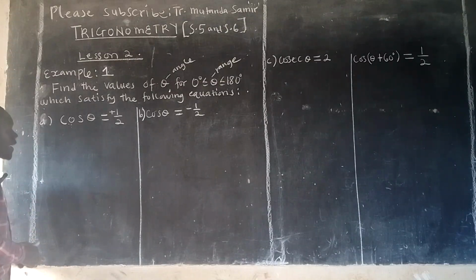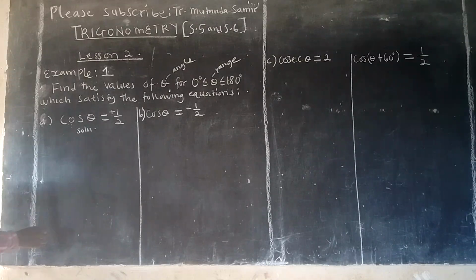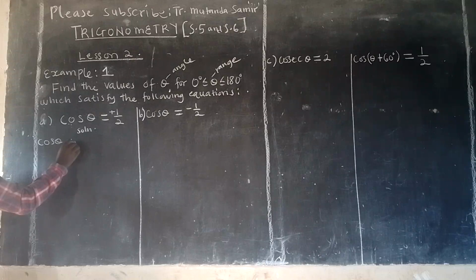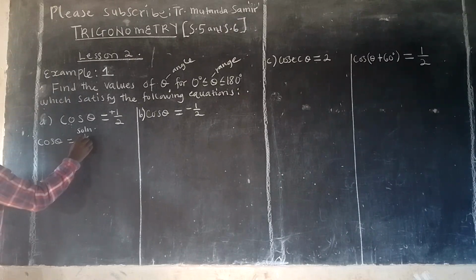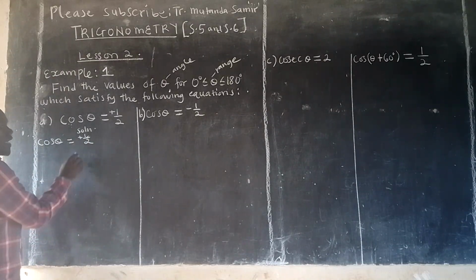Now, in the solutions here, if we have cos theta is equal to positive a half, I know I'm putting that positive. Now, you would ask, what's the use of this positive here?